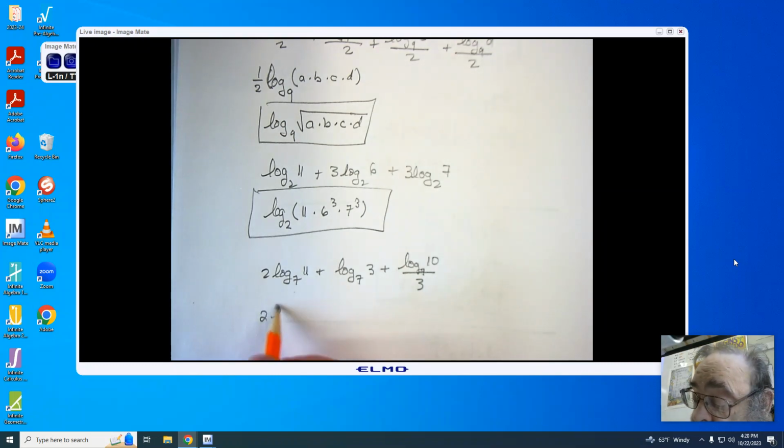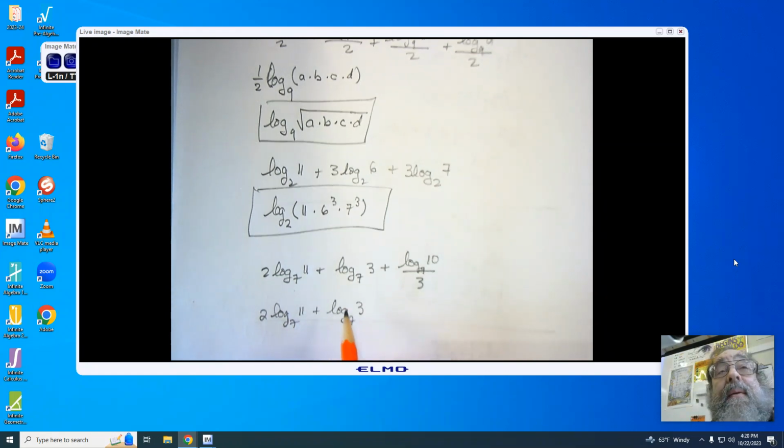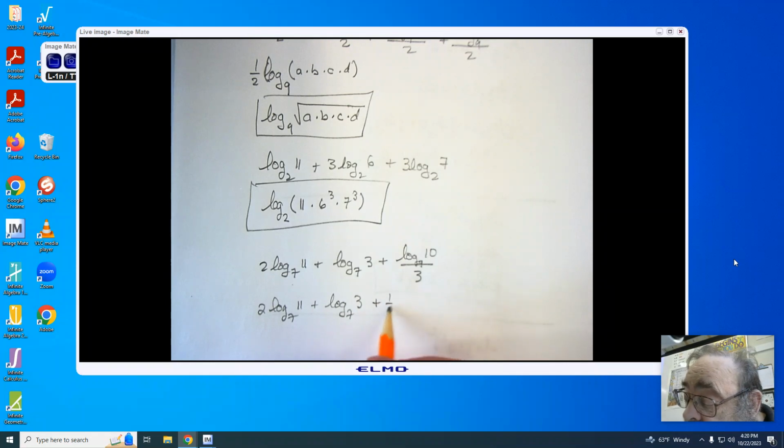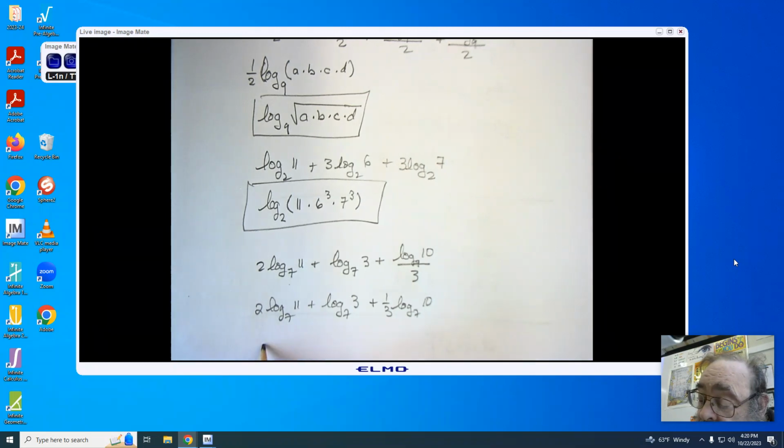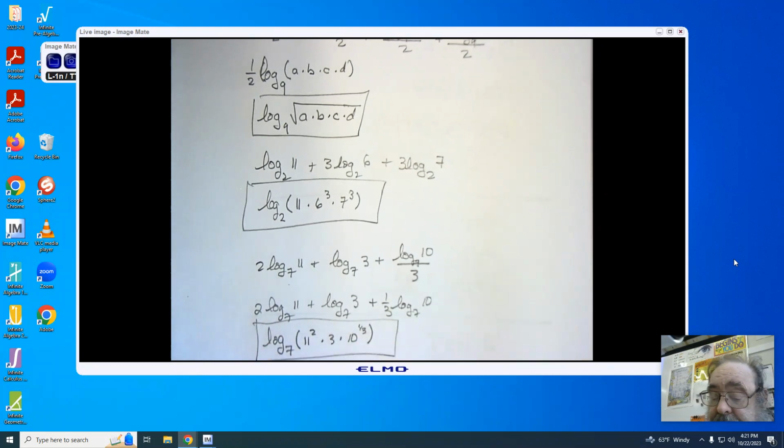So we're looking at 2 log base 7 of 11 plus log base 7 of 3 plus 1/3 log base 7 of 10. Notice that made it a heck of a lot easier to work with. We now have log base 7, and we can put it all as 11 squared times 3 times 10 to the 1/3 power, and that's my answer.